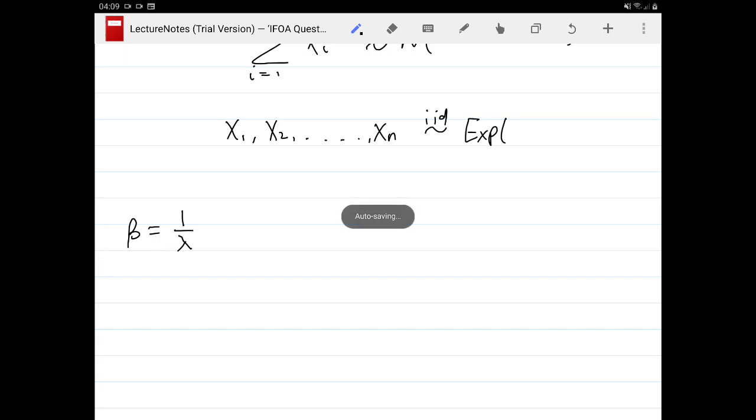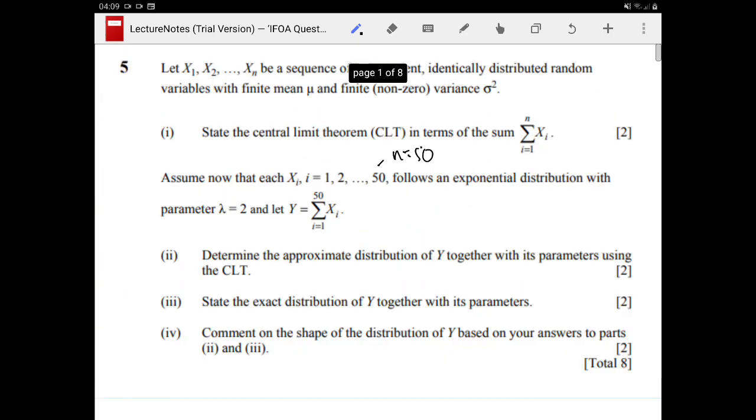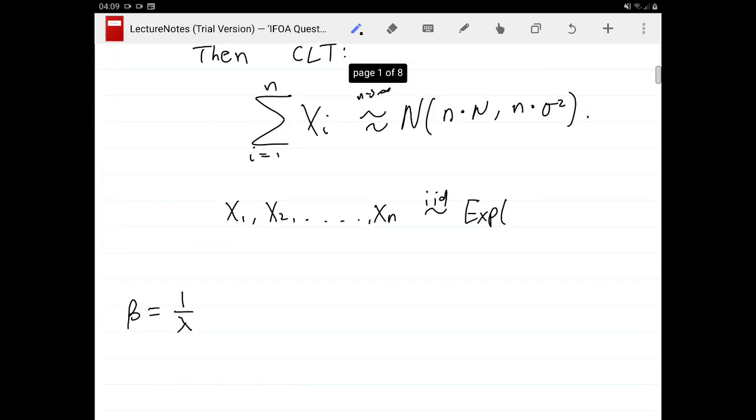Because they tell us that lambda is 2, we know that these exponentially distributed random variables have a beta parameter equal to 1/2. So that's the baseline information that we need.